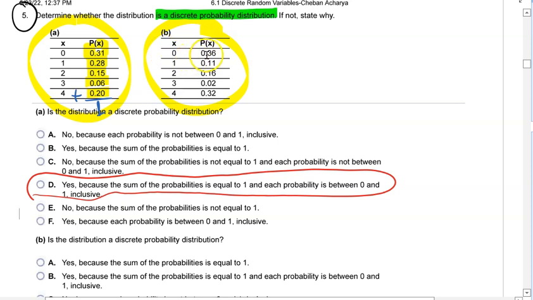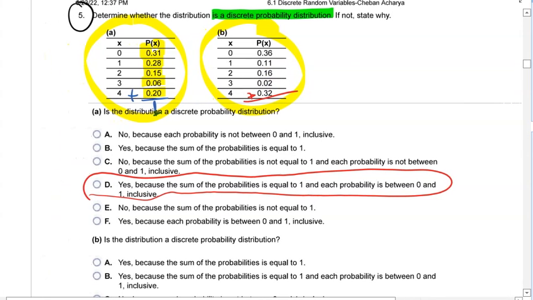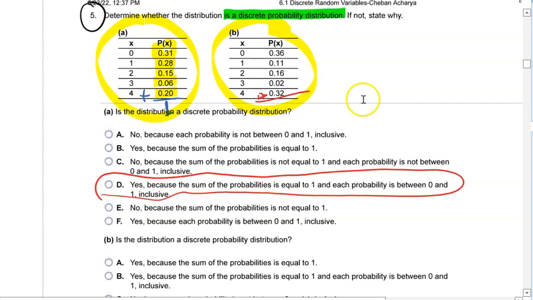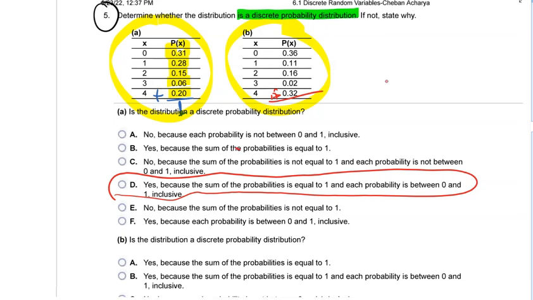But look at B here. If you add all these probabilities, what's the sum? The sum is not equal to 1.